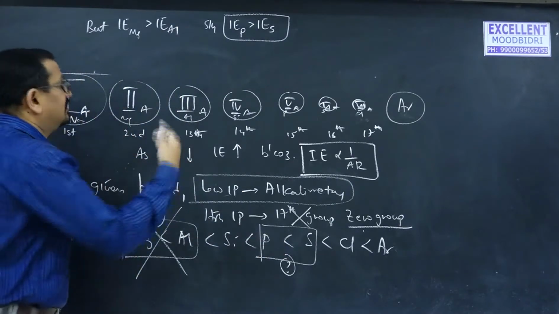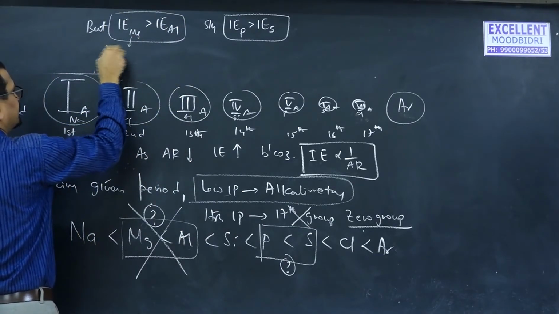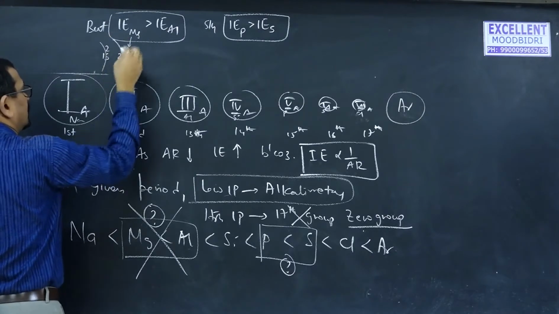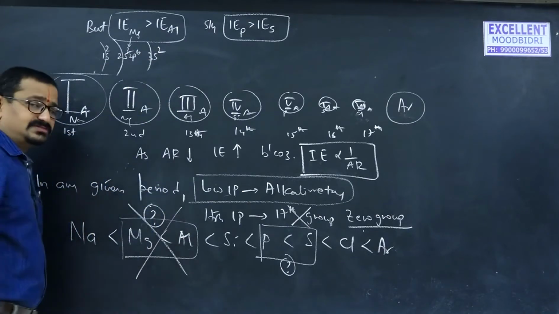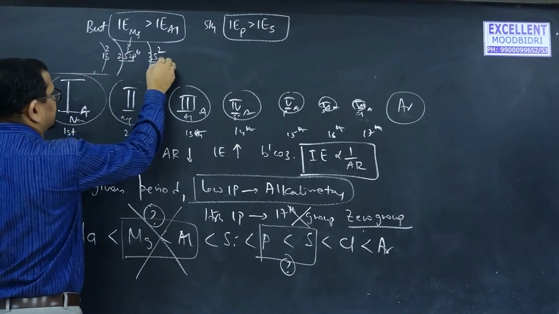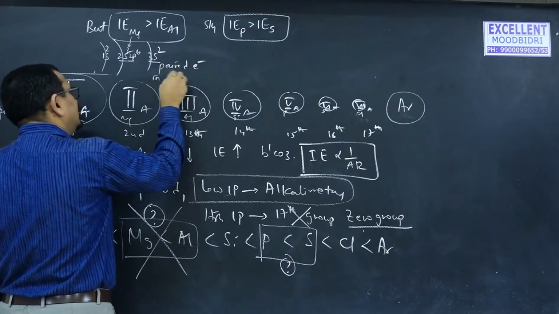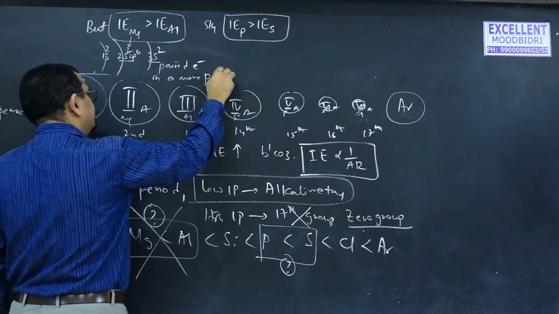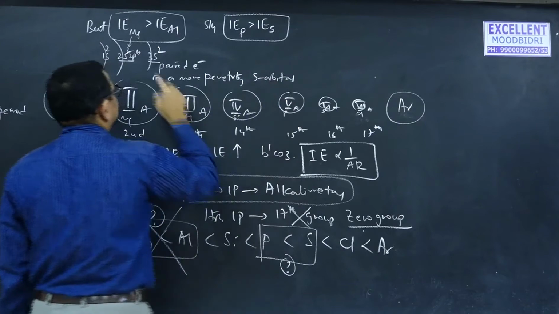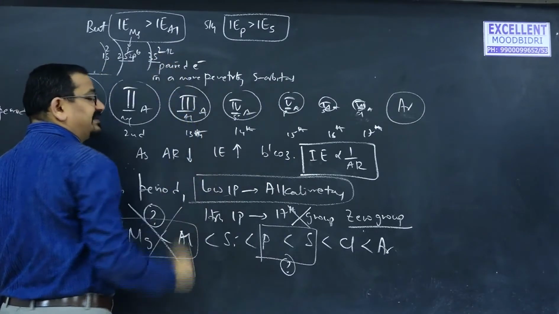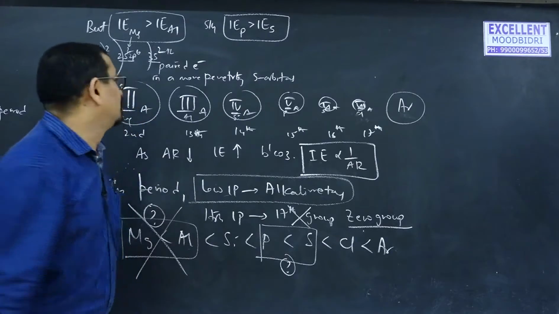Already we discussed this. Let us discuss it once again. Here, the magnesium electronic configuration is 1s2, 2s2, 2p6 and 3s2. It has a paired electron in a more penetrating s orbital. So they are more closely held to the nucleus, which needs more energy for removal.